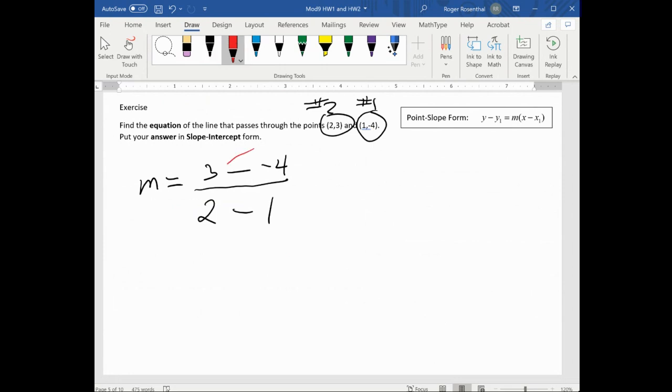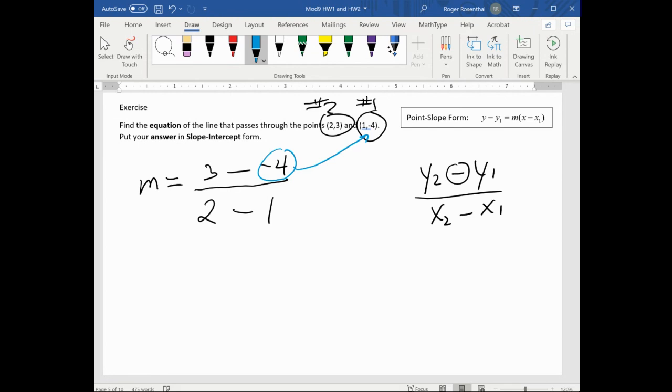Now, take a look at this for a moment. Think about the formula for slope. y sub 2 minus y sub 1 over x sub 2 minus x sub 1. There's a minus in that formula. Very often, if the number that goes here happens to be a negative number, students will see this minus in there and they'll leave the negative out. You can't do that.